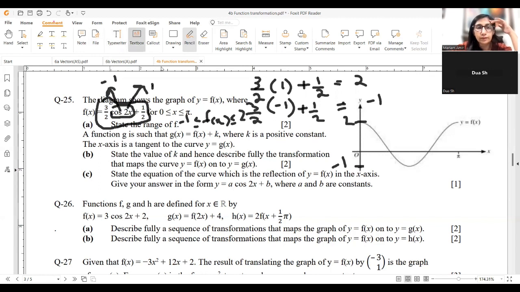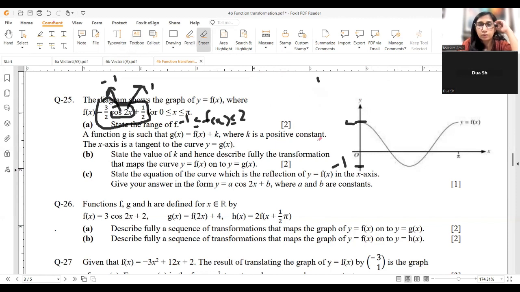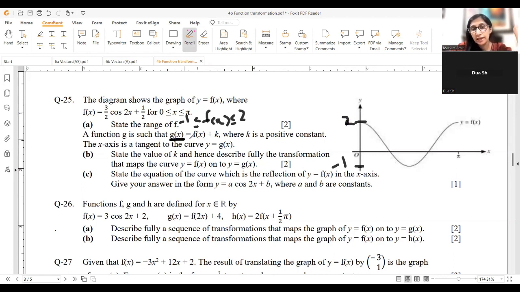All right, so that was part A. Let's just clear the rest of it. Okay, so function g is such that g(x) equals f(x) plus k.